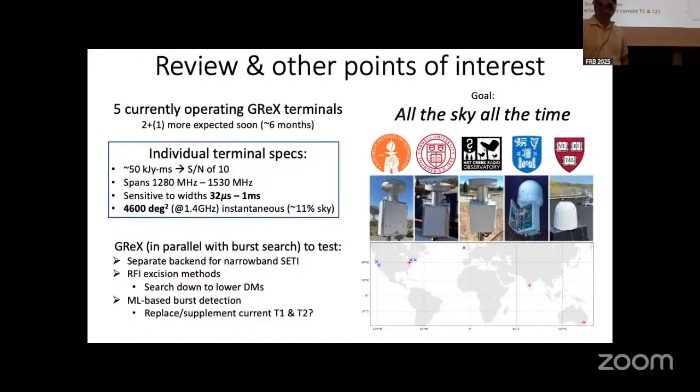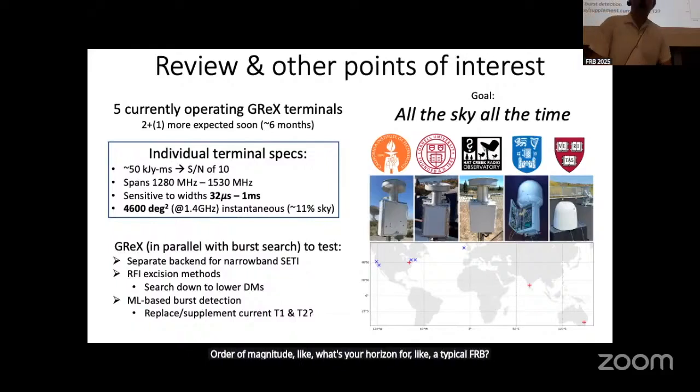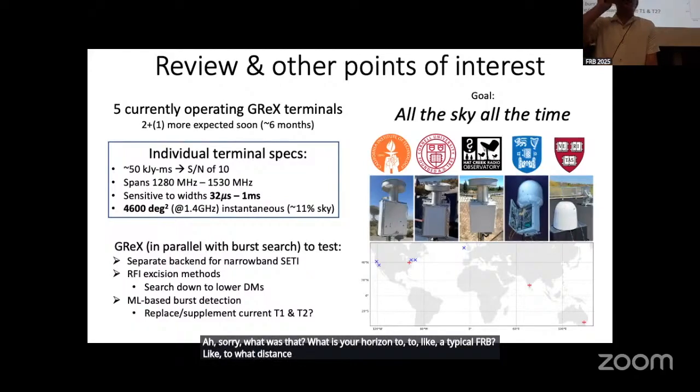Hi, it's Dotan. You mentioned this Dmax, but if you can give some order of magnitude, what's your horizon for a typical FRB? Like to what distance can you... Oh, yes.